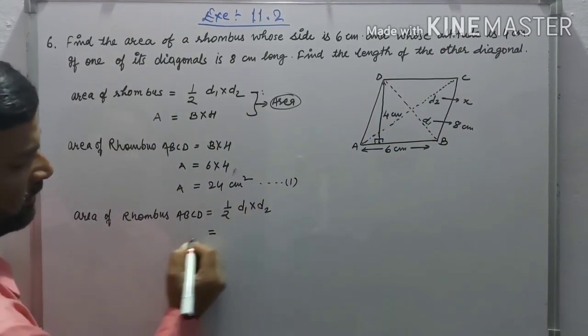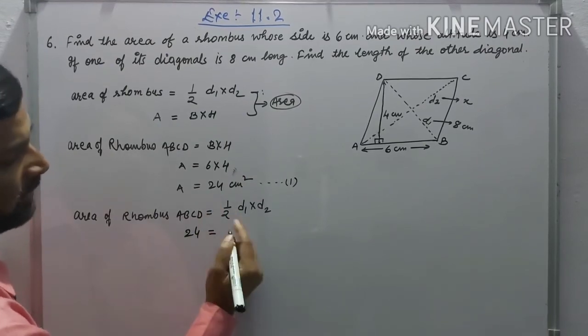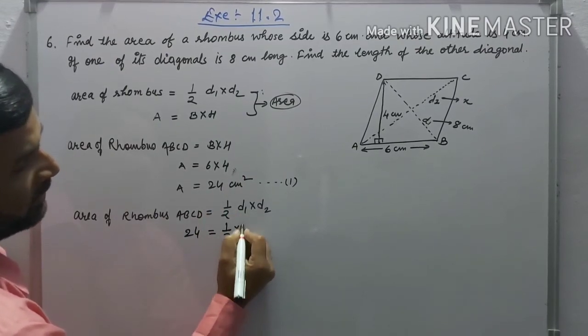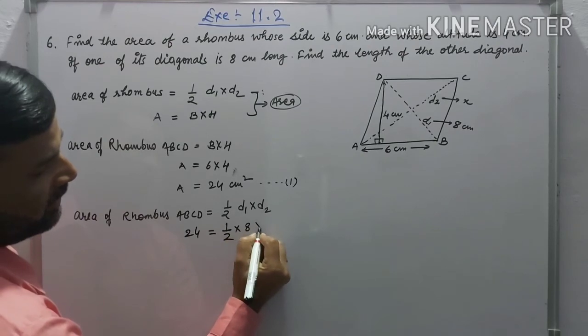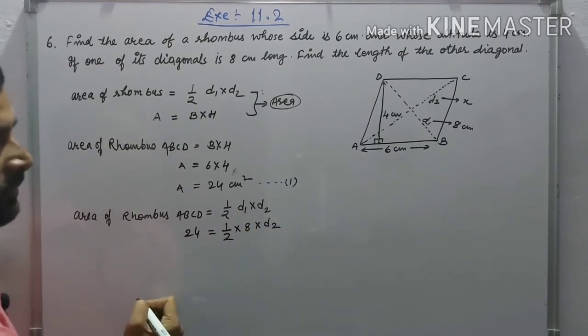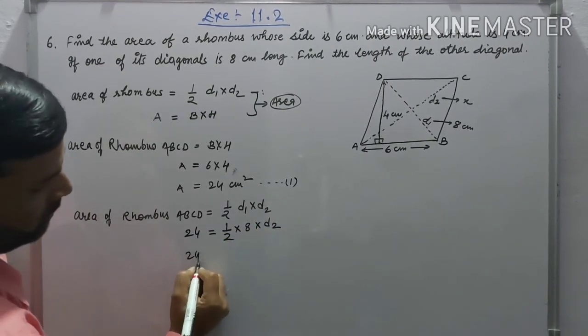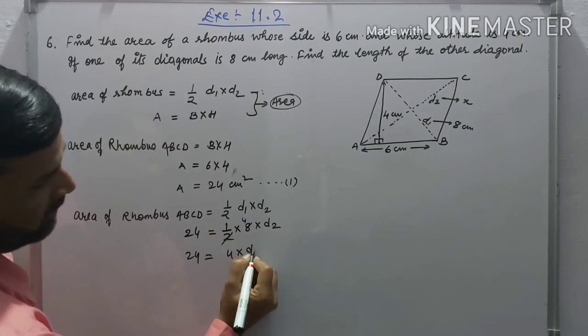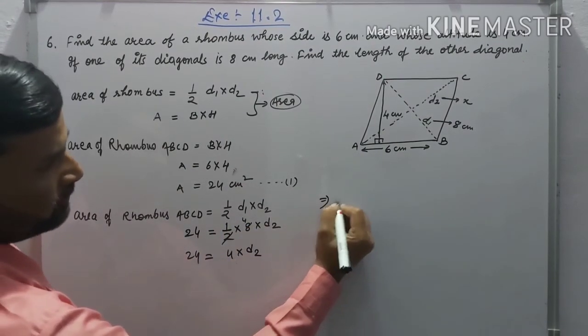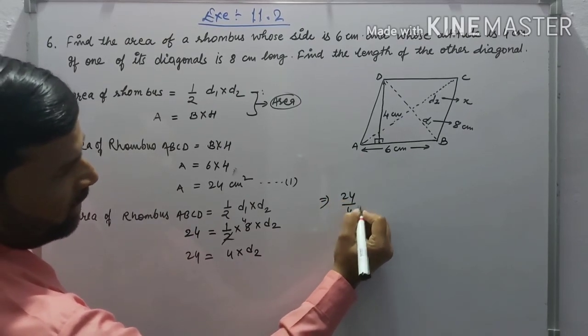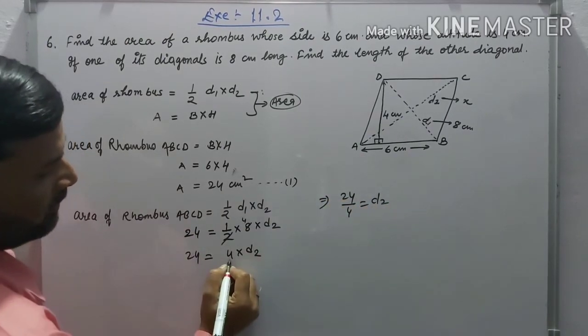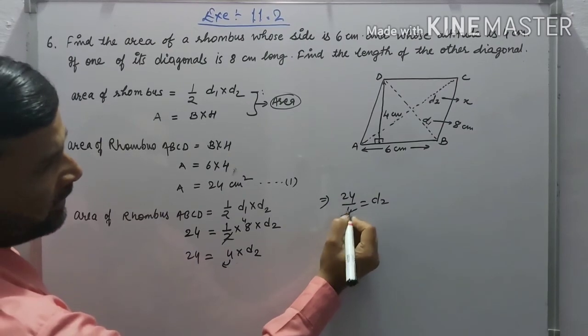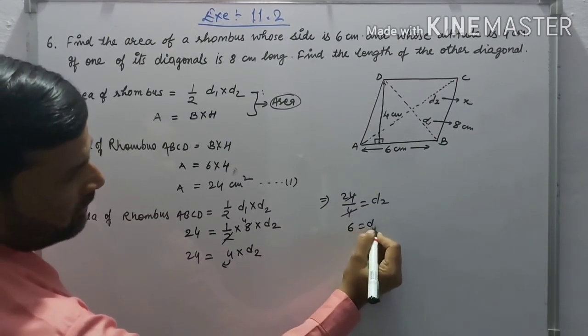Area of the rhombus is 24, already found. 1 upon 2 into first diagonal, given as 8, and D2 is to be found. Now 24 is equal to 4 into D2, and 24 upon 4 after transfer, the value on the right-hand side is 6, equal to D2.